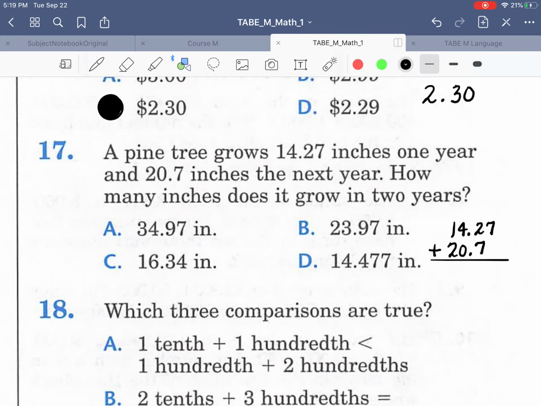Now, if those were the same growth rates, we could multiply by 2, but since they're different, I'll have to add the two numbers. And that will give me 34.97 inches. And that will be answer A.